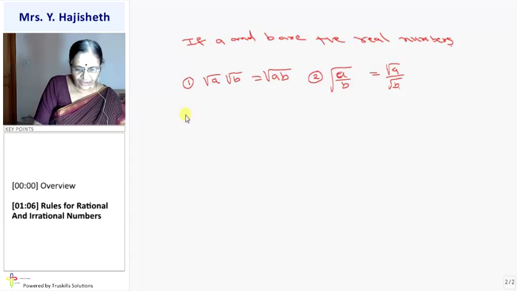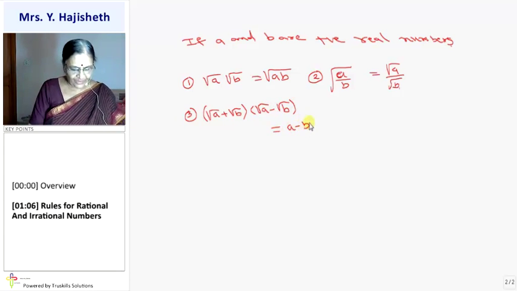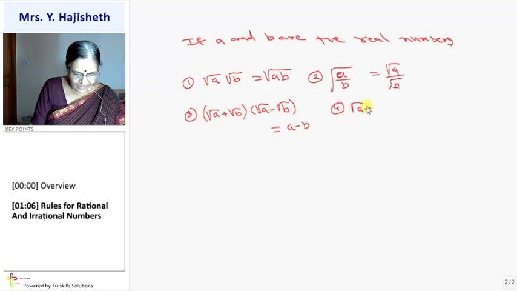Okay? Third result, root A plus root B into root A minus root B. Here also I can apply the factorization formula. It is root A square minus root B square, so it is A minus B. Clear? Fourth rule, root A plus root B whole square. How can I operate it?